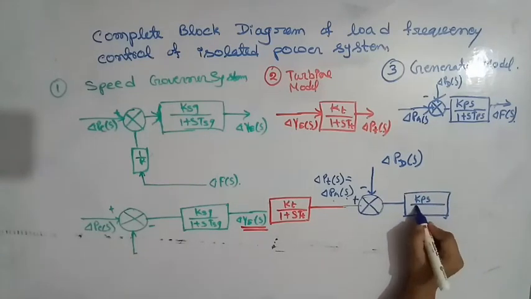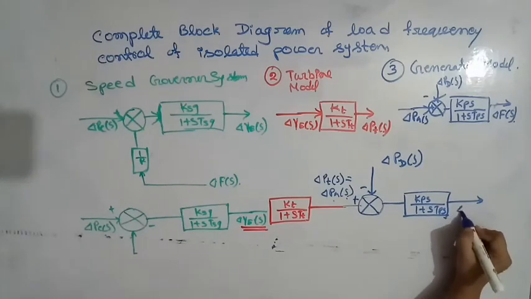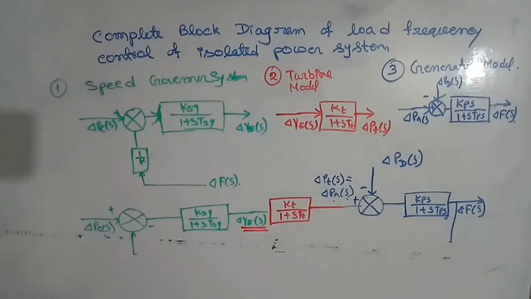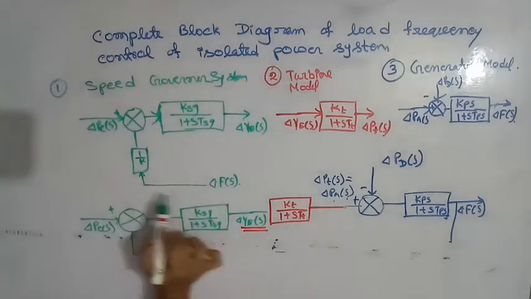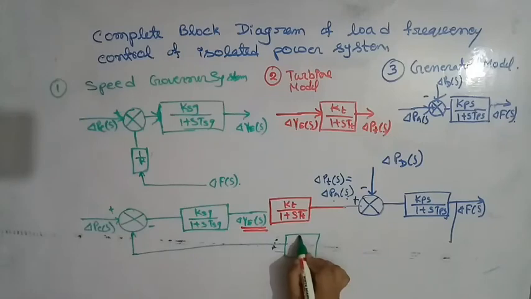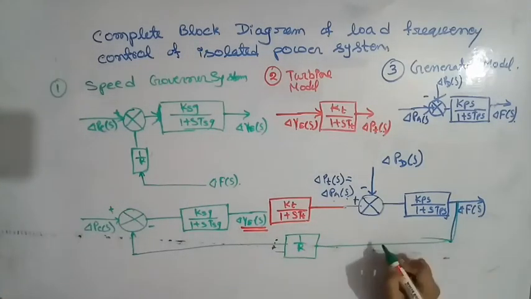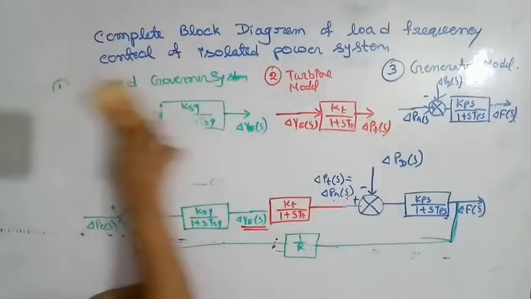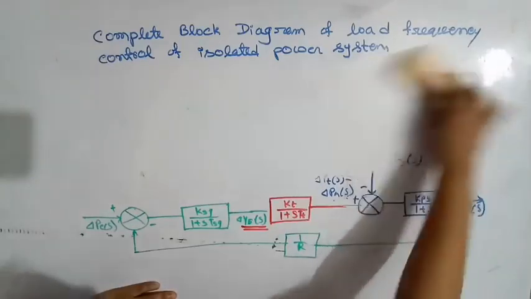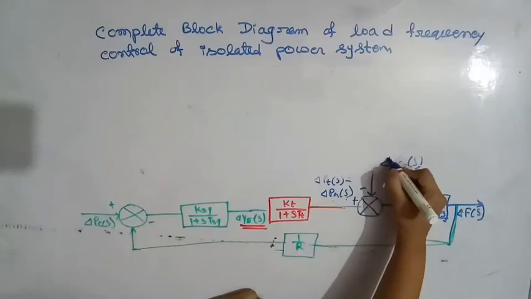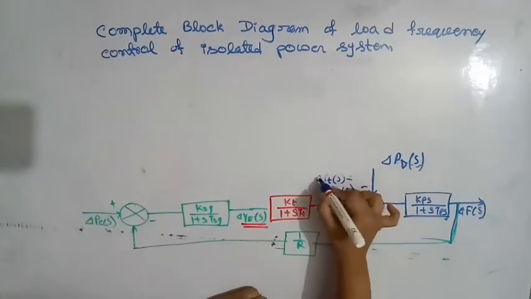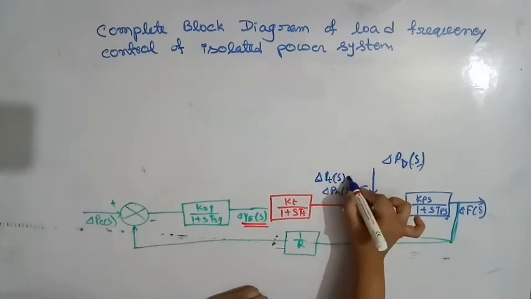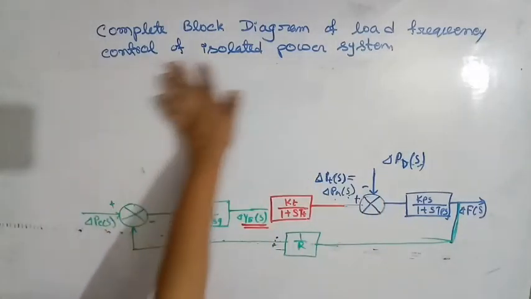KPS by 1 plus STPS, delta F of S. Now here the feedback path is from delta F of S, 1 by R. This is the complete block diagram of load frequency control of an isolated power system.